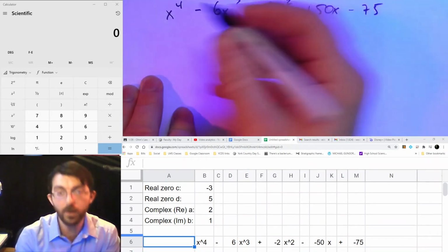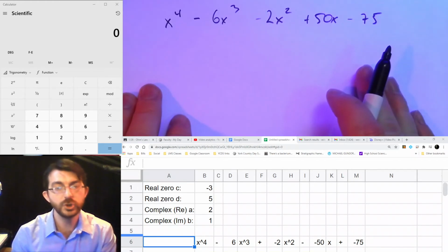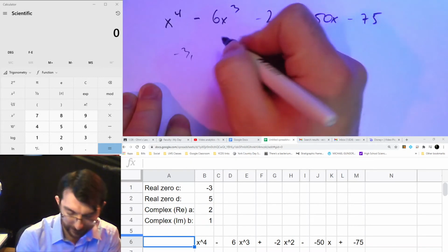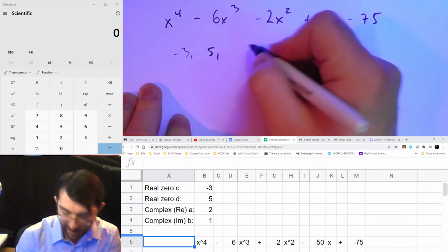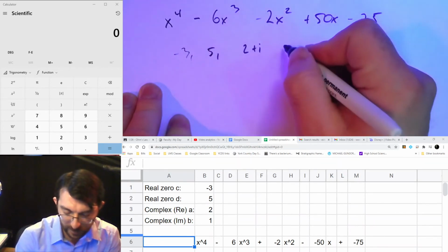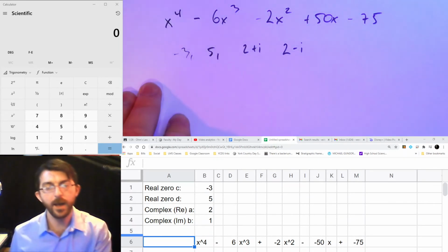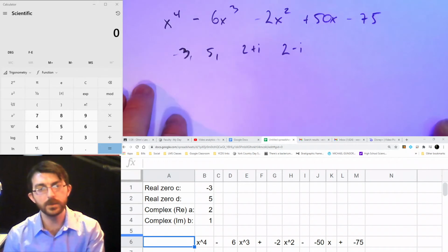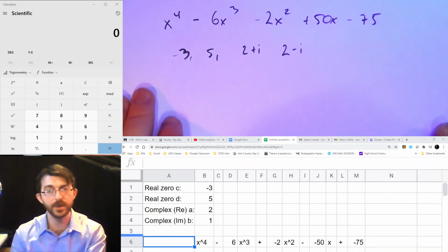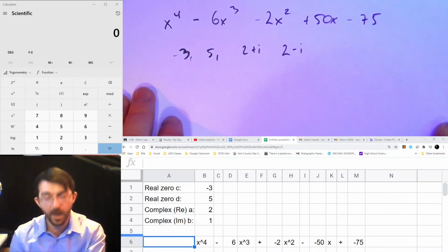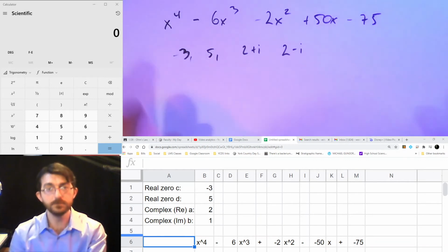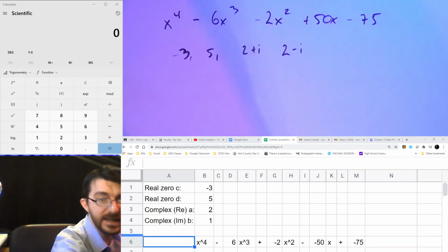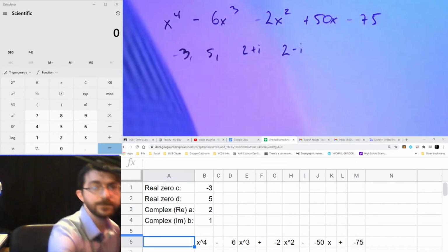All right, so this polynomial should have the answers -3, 5, 2 plus i, and 2 minus i. I wouldn't use something like this without thoroughly testing it. I've tested it once, but I'm going to give it one more shot. I'm going to solve this problem and see if I get those answers.